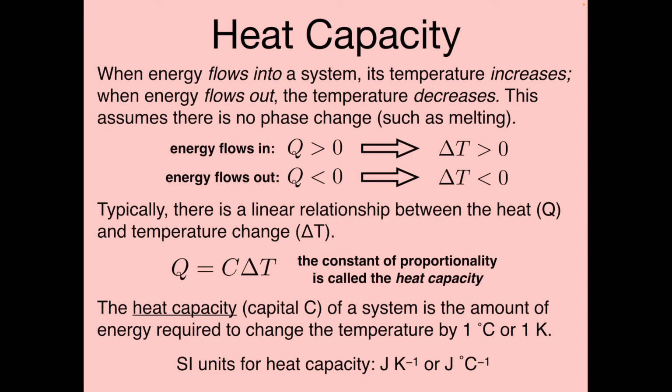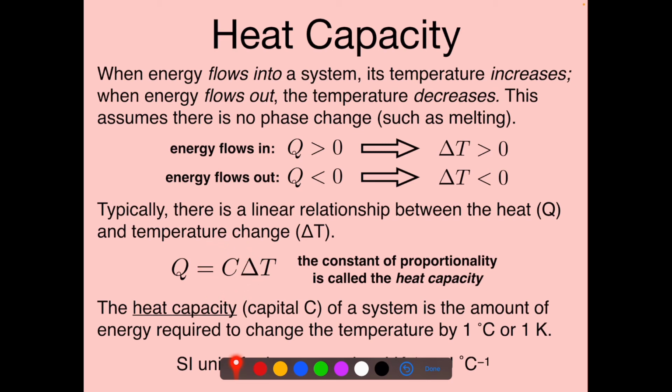So typically what we're going to find is a linear relationship between Q, the heat flowing in or out, and delta T, the temperature change. So we can express this linear relationship in the following way. Q is equal to C, capital C, times delta T. Okay, so there's just a linear relationship between these two, and there's some sort of constant of proportionality here, and we call that the heat capacity.